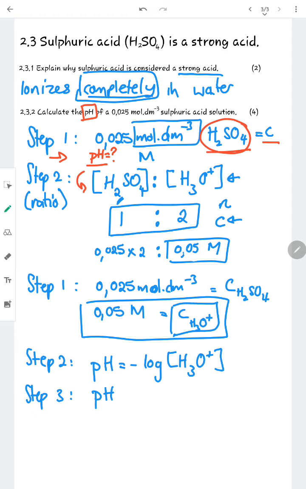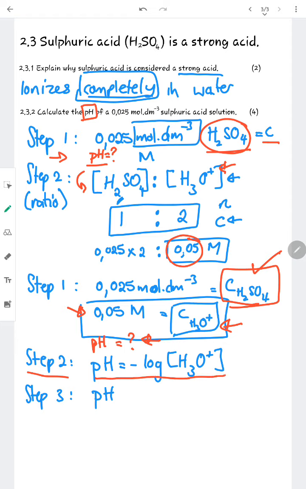After we went to the ratio, now we've got a new value, which is 0.05, and that is our concentration of our hydronium ions. So our step 1 has now been expanded, but we still need to identify what is our pH. So in our step 2, when we are picking our formula, this value here, we have used it already. This value we have yet to use, and this is what we are trying to find.